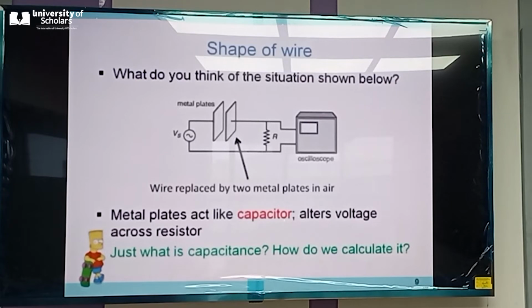So the current that is flowing into one plate must also be the current that is exiting the other plate. Now, what exactly goes on in between the two plates is something that electromagnetic theory will help us to understand.